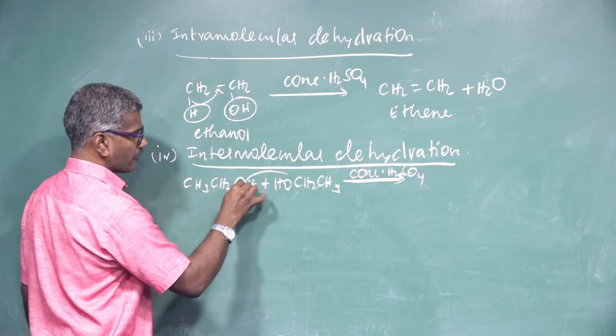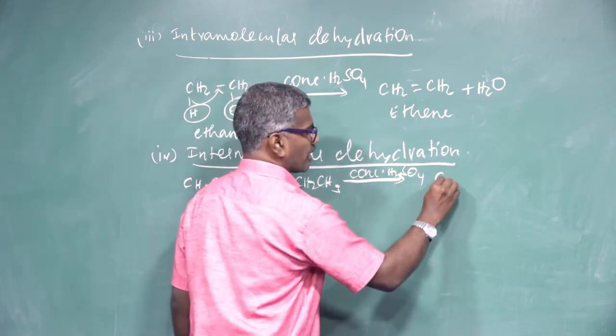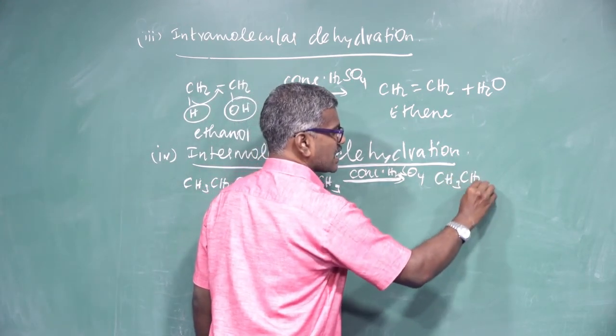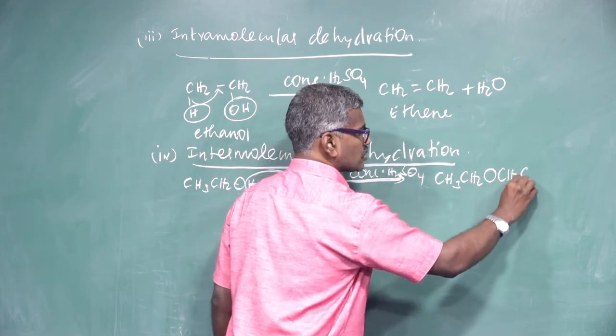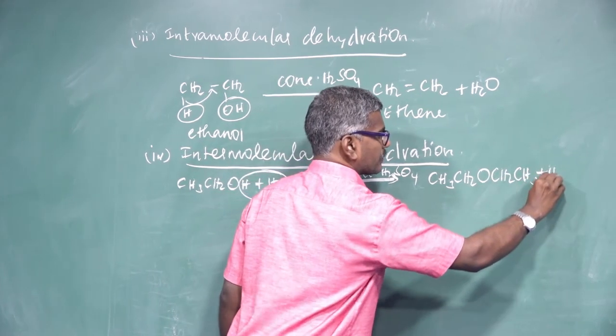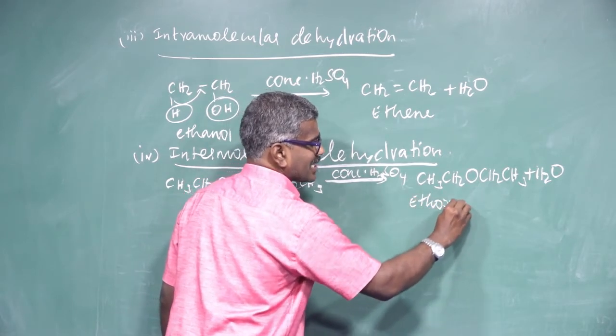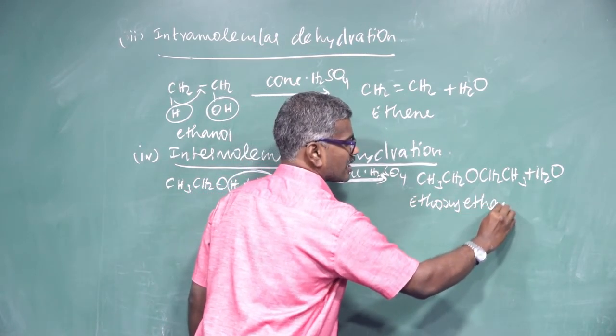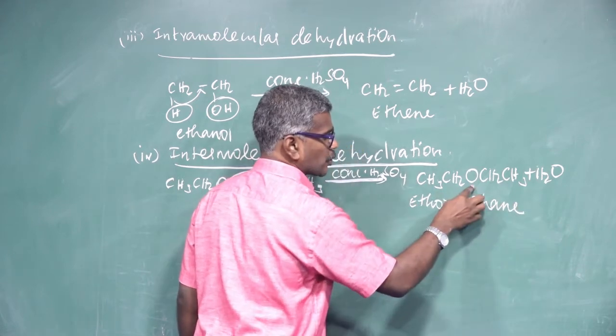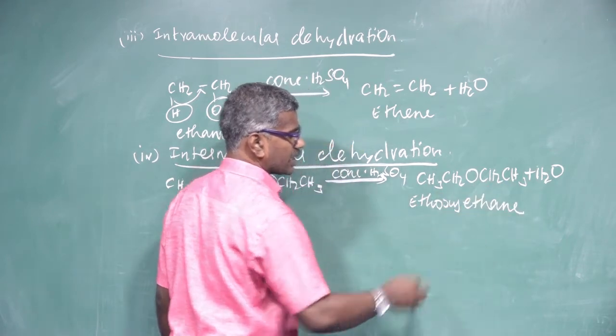With removal of water, CH3CH2OCH2CH3 plus water is formed. This is named ethoxyethane. This is an ethoxy group with ethane, a 2-carbon ethane.